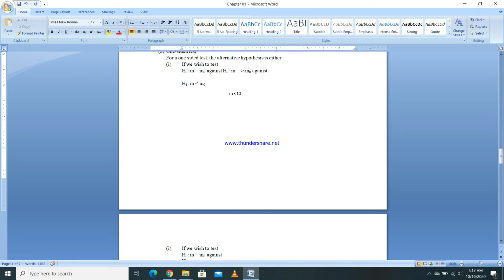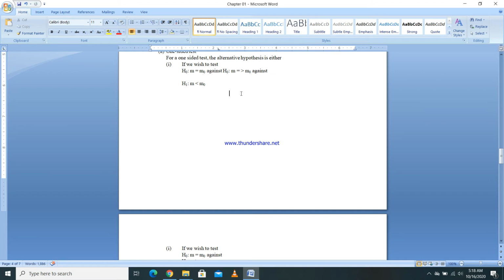So you have both options. If you like to go with inequalities, you can use the right opposite of the alternative, that is m greater than or equal to m naught, or else you can just write m is equal to m naught and we are testing m is less than m naught.